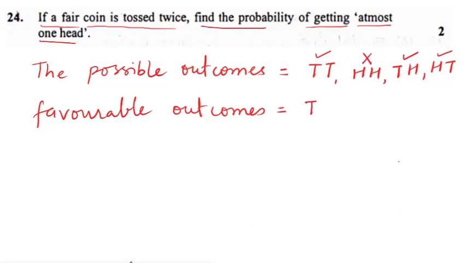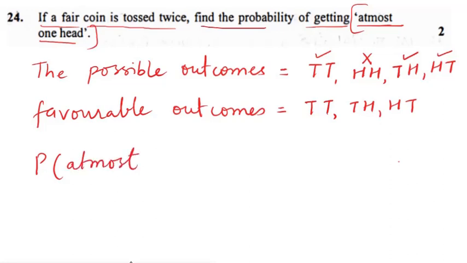So it will be TT, TH and HT. Now write the formula. Probability of, here you can see at most, probability of getting at most one head. So this you have to write, probability of at most one head.